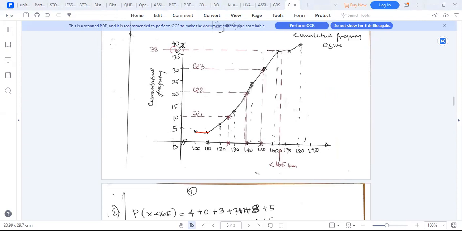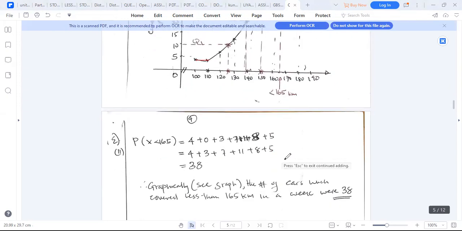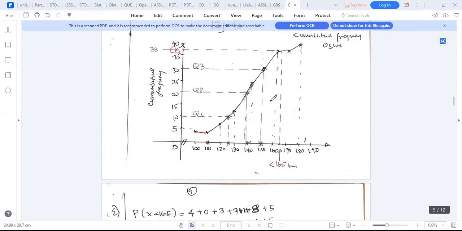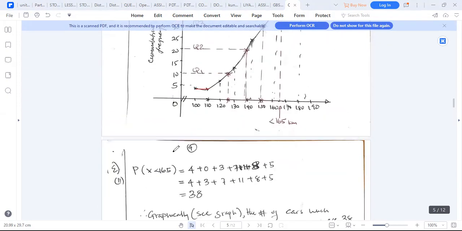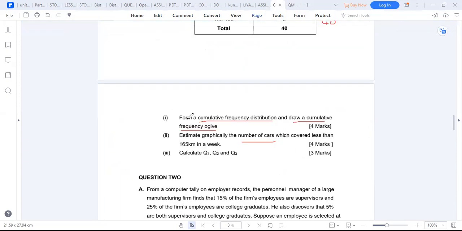So the question is asking us to find the number of cars that would be less than 165 kilometers per week. So when you go to do the estimation there, less than 165, how many cars? The figure it's giving us is 38 here, graphically, because the question is asking to estimate graphically.